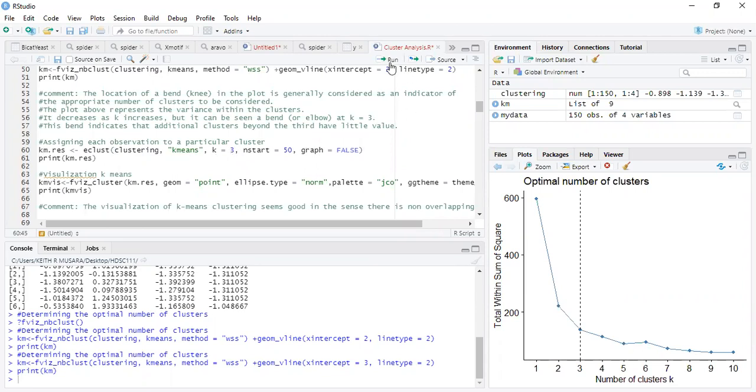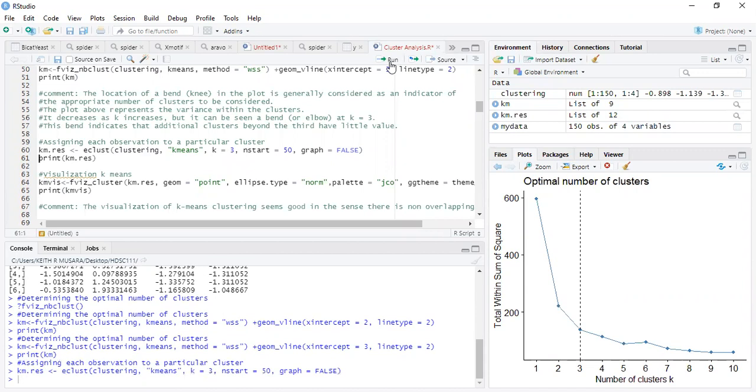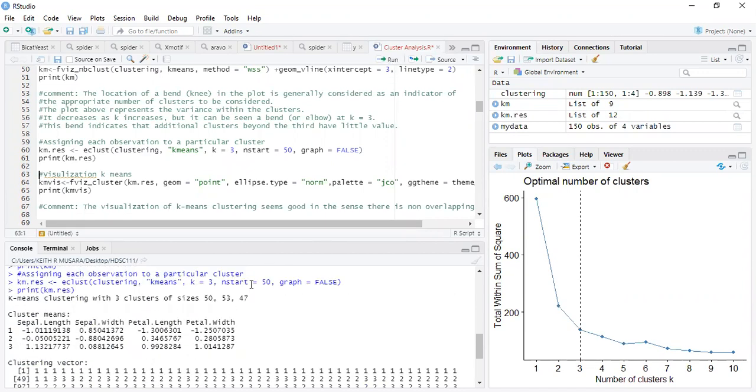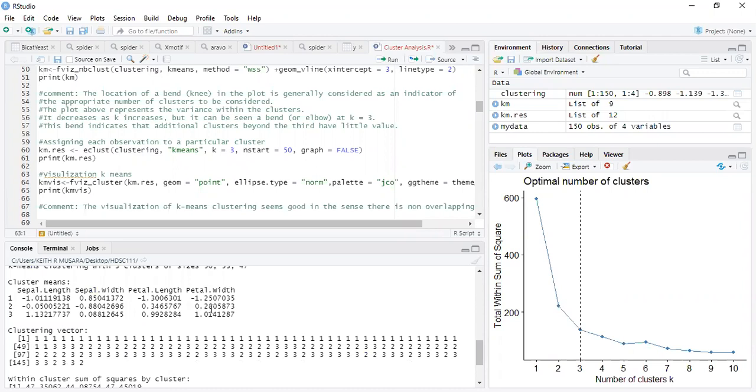If you run that function and print it, it will assign each and every observation. Remember, we've got 150 observations. You realize observation 1 to observation number 50 are in cluster 1, then the next observations from 3 are in cluster 3.